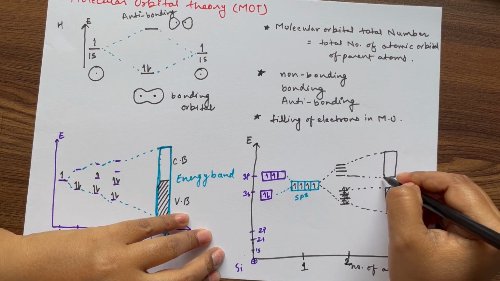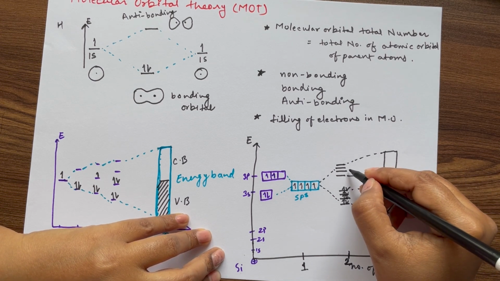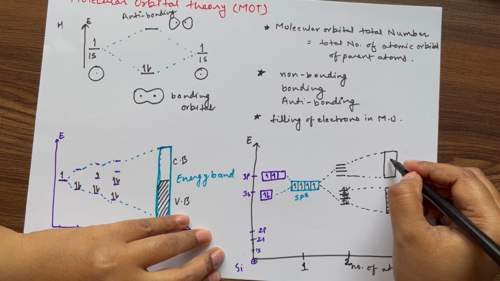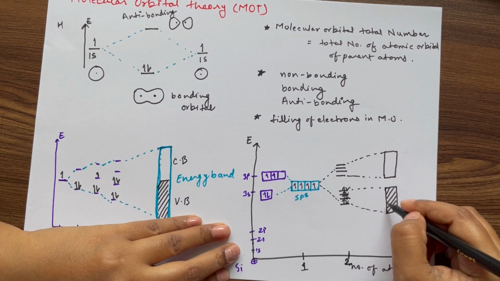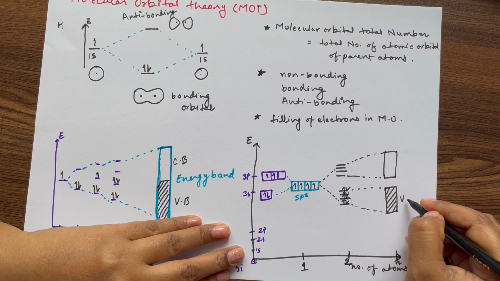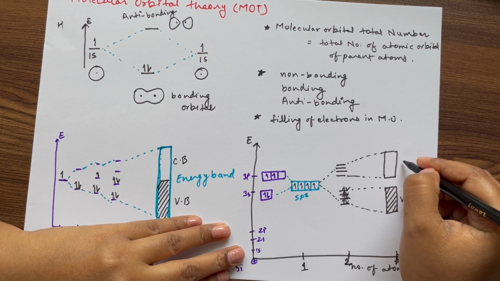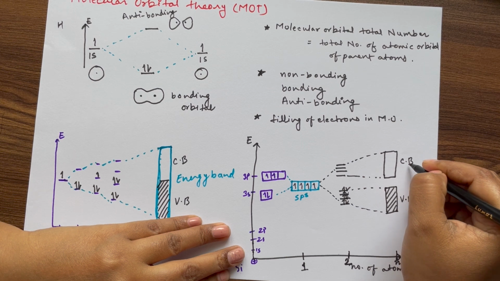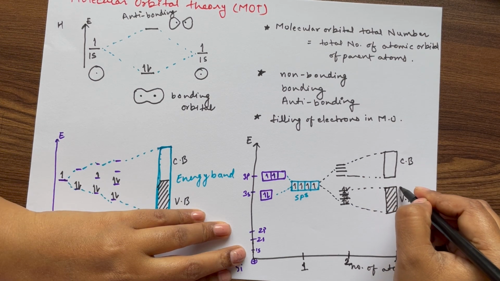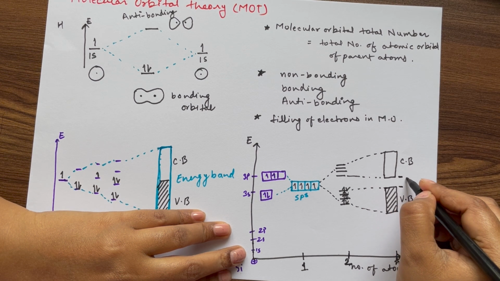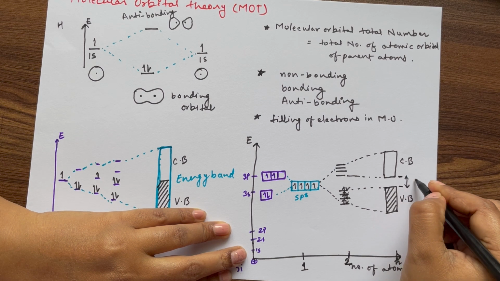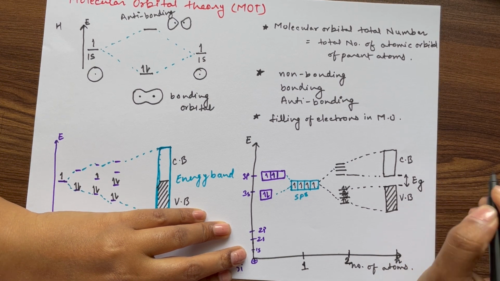And the upper band is having all the empty states and it is not filled with any electrons, that is, it is empty. So here filled band is called valence band and empty band is called conduction band. And the gap between the highest energy state of the valence band and the lowest energy state of the conduction band is called energy gap.